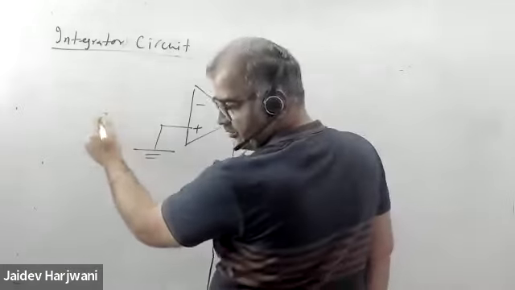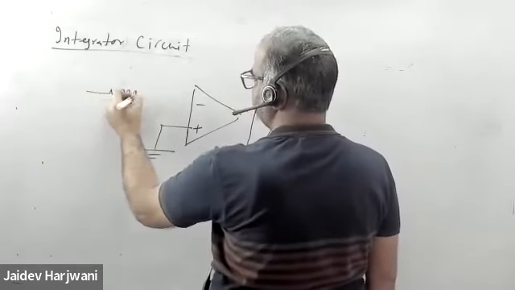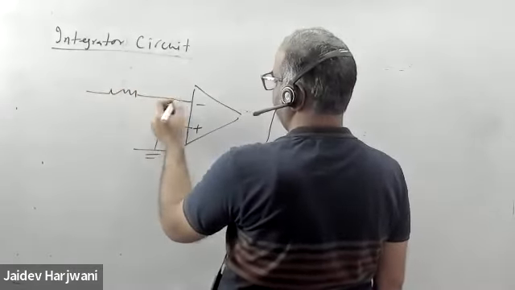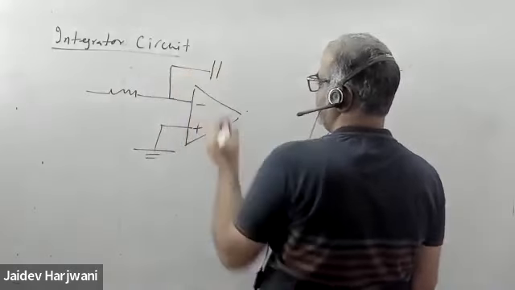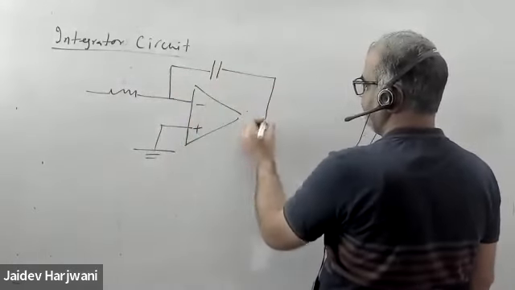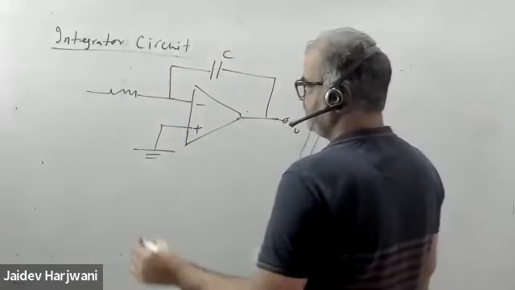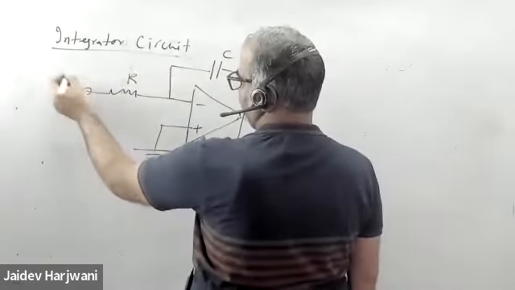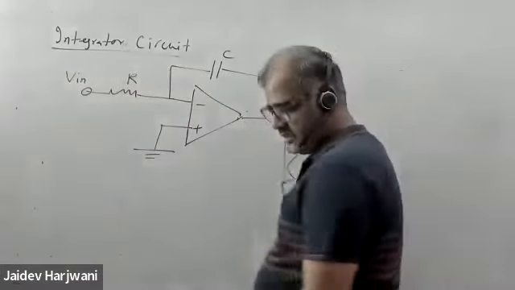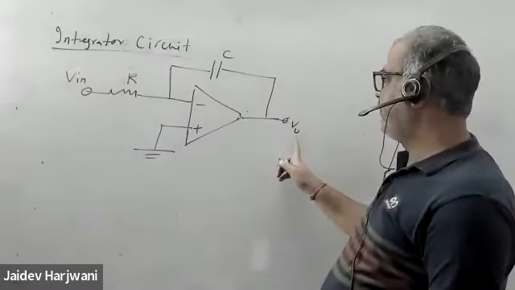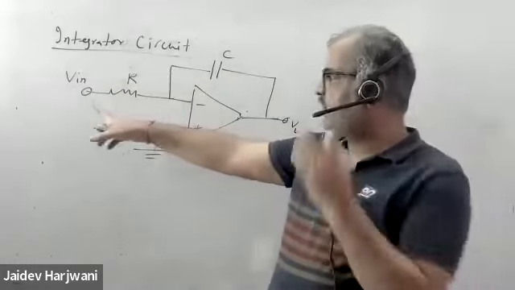You put a resistance R here, and now here you put one capacitor. This is V0, this is R, and this is my V input. So in this circuit, V output will be the integration of V input.